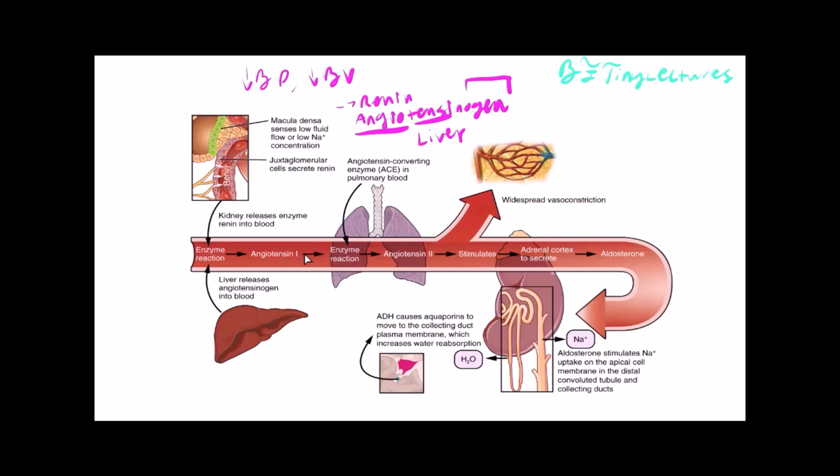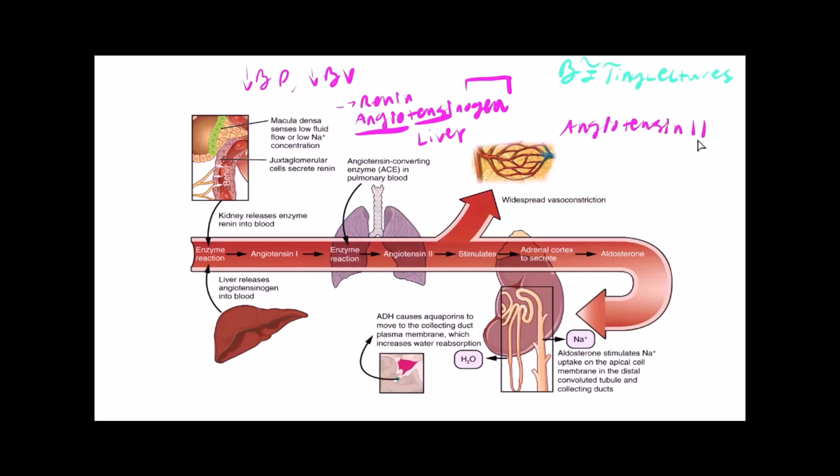Now angiotensin 1 is flowing in the blood. Inside the lungs, there's the creation of an enzyme called angiotensin converting enzyme, and that goes inside the blood as well. So when angiotensin converting enzyme interacts with angiotensin 1, we get something called angiotensin 2.